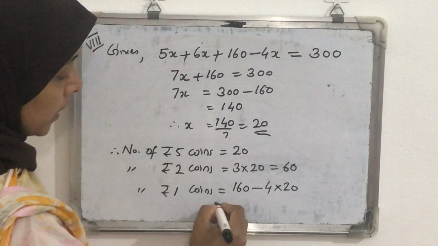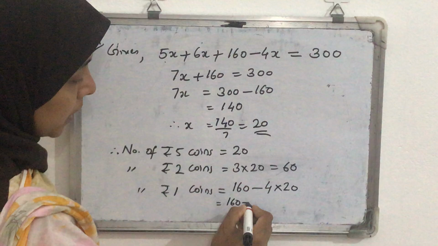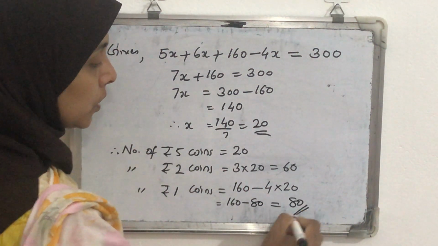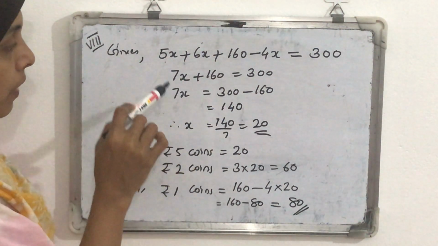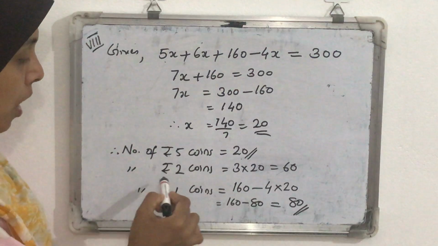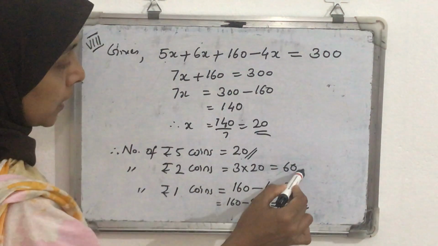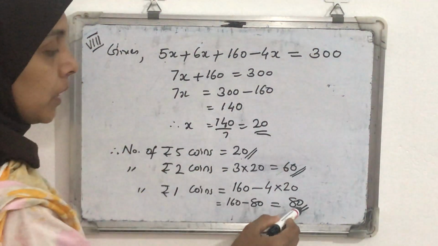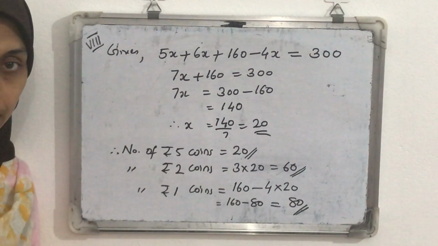So 4 into 20 is 80, that means 160 minus 80 is equal to 80. So in total, how many 5 rupee coins are there? 20 five rupee coins. How many 2 rupee coins? 60 two rupee coins. And how many 1 rupee coins? It is 80 one rupee coins.